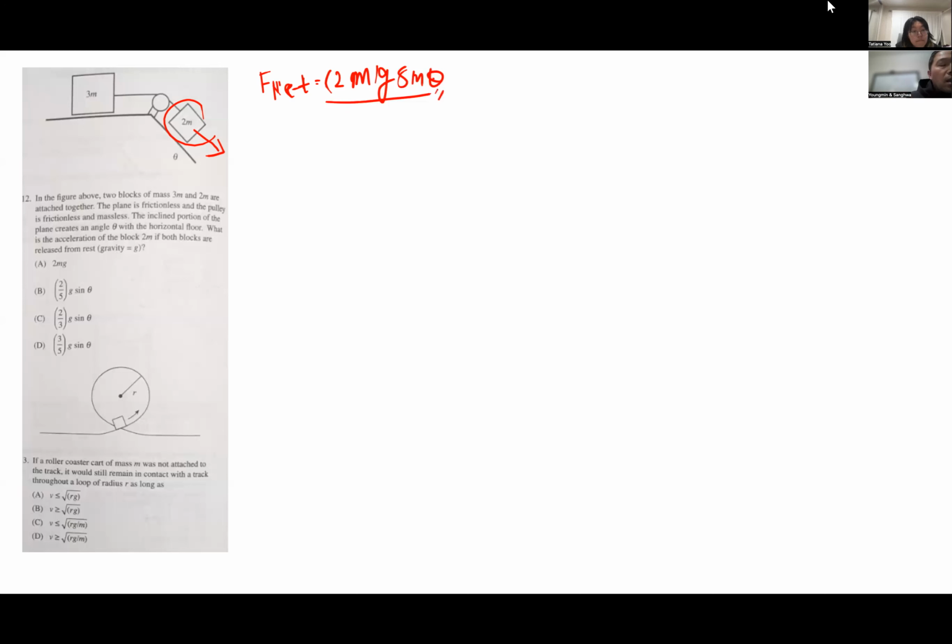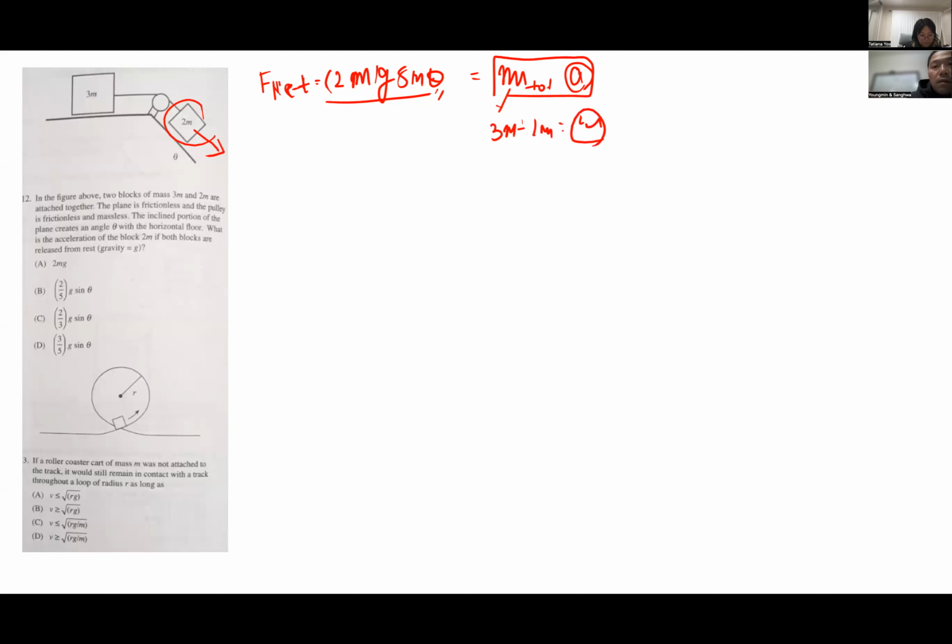And with that force, the total system moves together because the 3m and 2m are attached to each other. So that should be the total mass M times the system acceleration A. The total mass is 3m plus 2m, which is 5m.